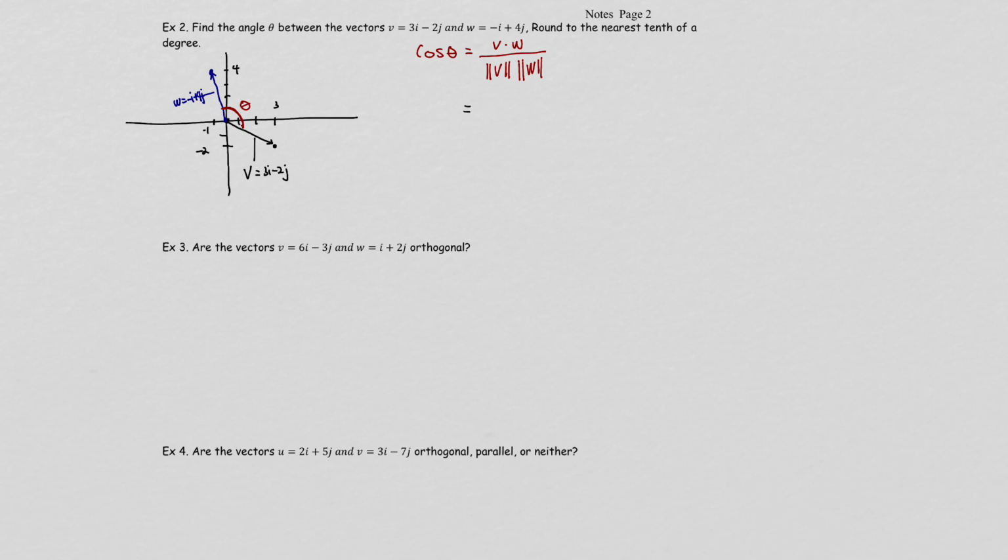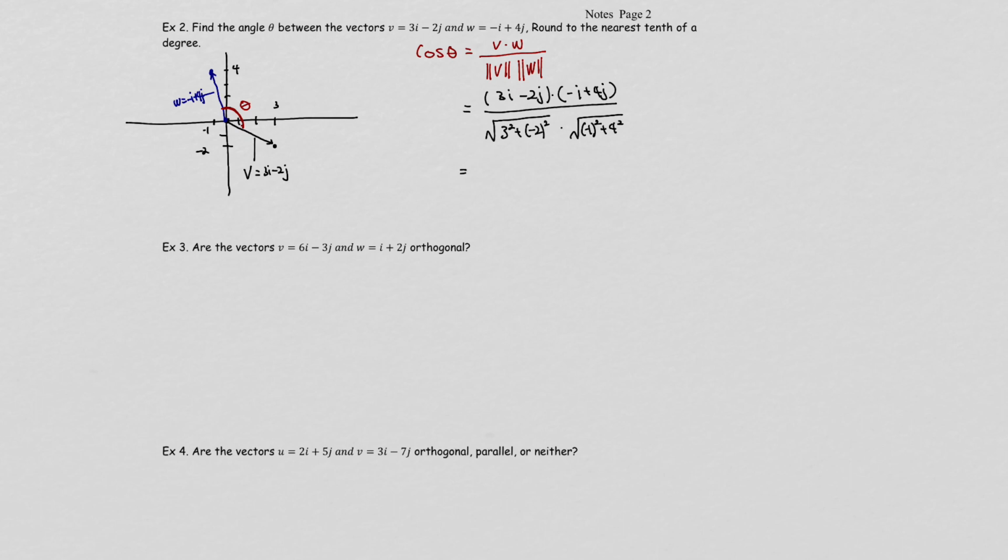So when we plug in, we will get 3i minus 2j times negative i plus 4j. So that's both vectors. And then the magnitude of vector v will be the square root of 3 squared plus negative 2 squared, times, this is all multiplication, the magnitude of vector w, which will be negative 1 squared plus 4 squared.